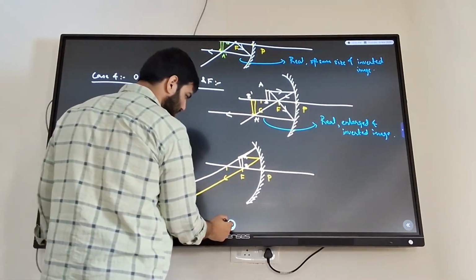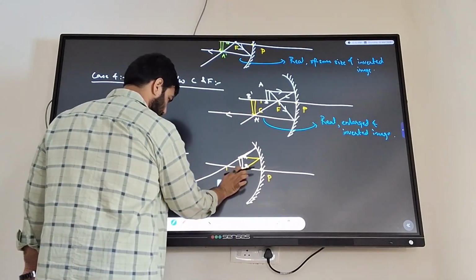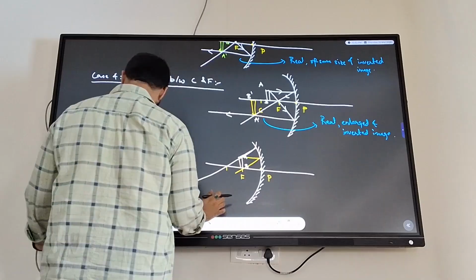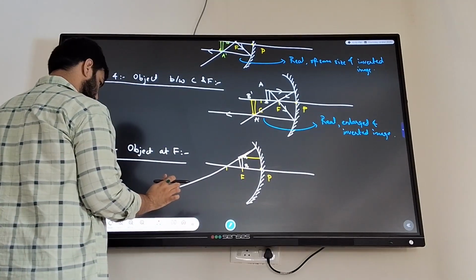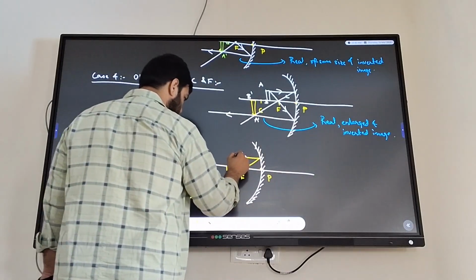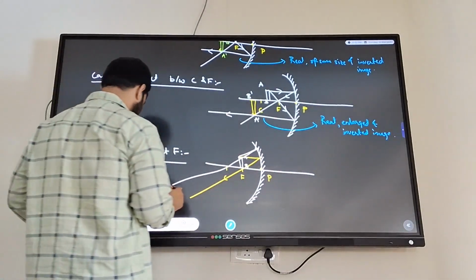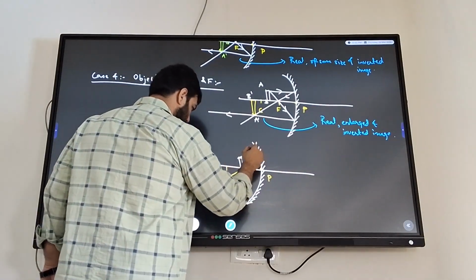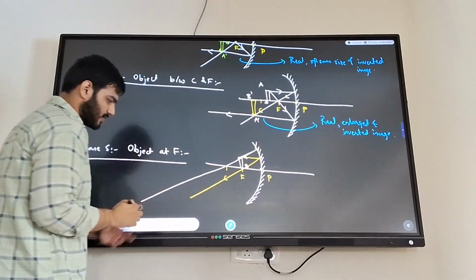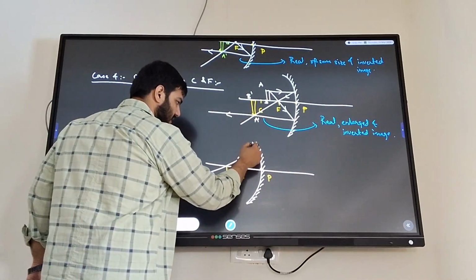Something like this should happen, right? Or we can take it with P. Ray coming back from the pole. Let me make this a little better. I'm missing it everywhere. I want to show that it keeps on increasing the distance. So it's something that goes and then comes back.